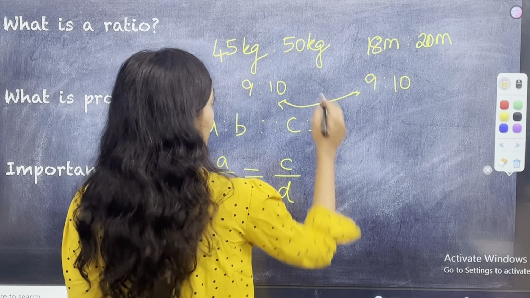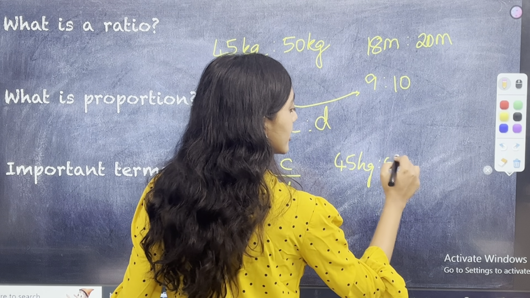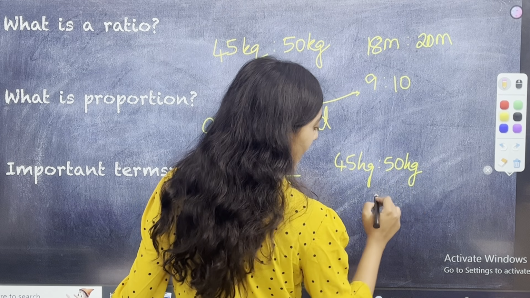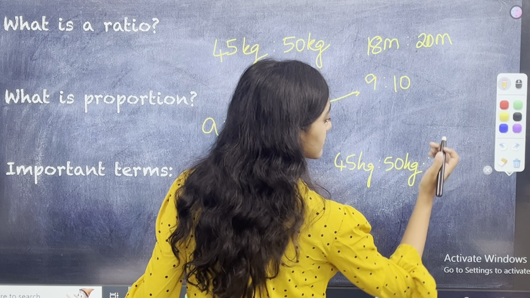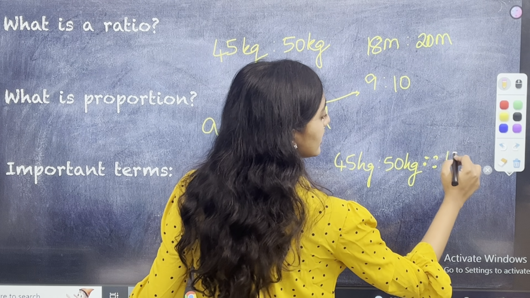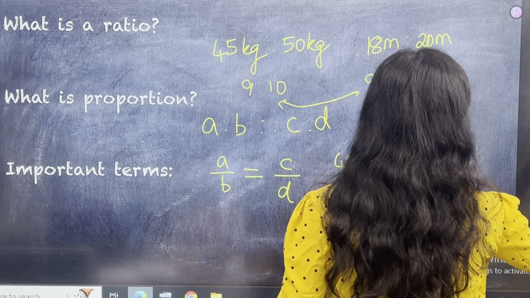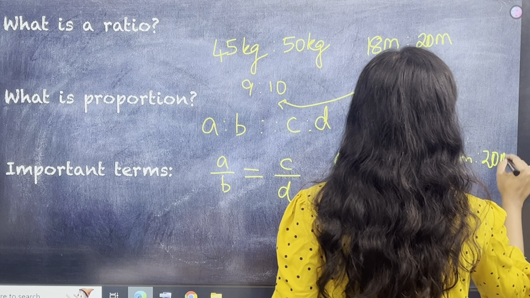So we can say that 45 kgs is to 50 kgs as, which I'm writing with 4 dots, 18 meters is to 20 meters.